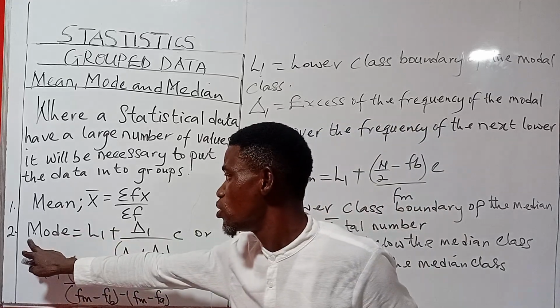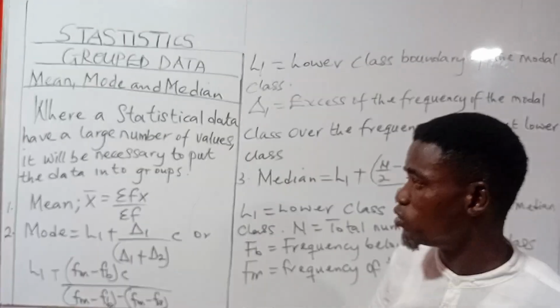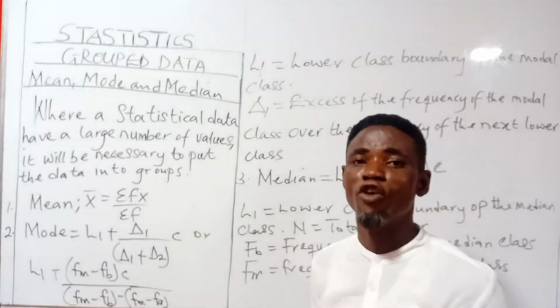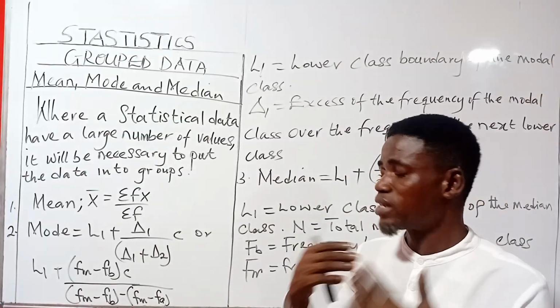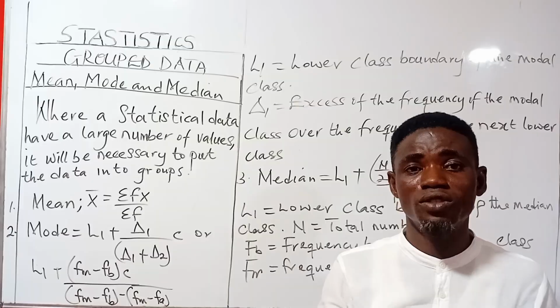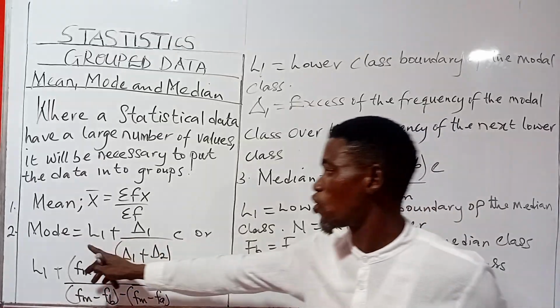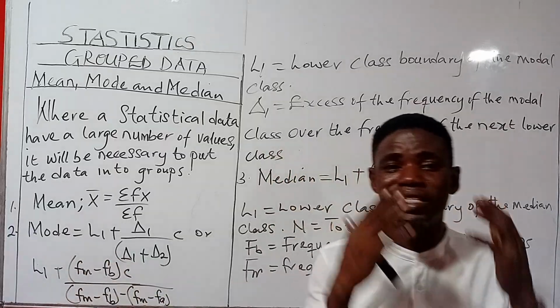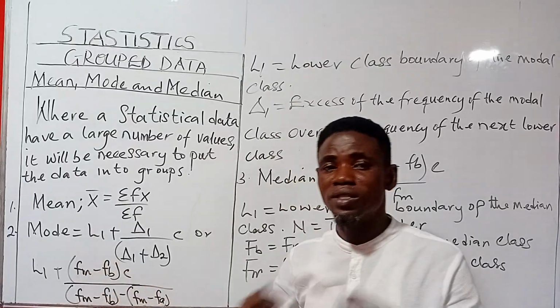Now, two, the mode, and this kind of mode is the one under group data. It's quite different from the other mode where we say the highest occurrence number. Under this one, we need to determine L1. And what is L1?